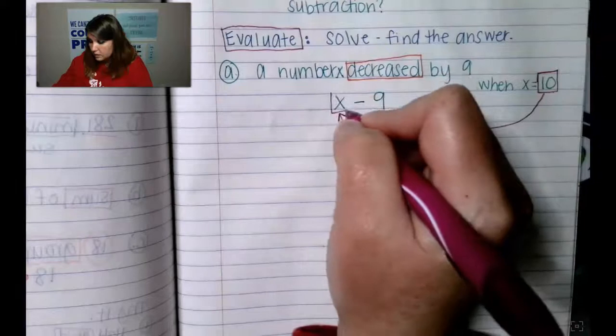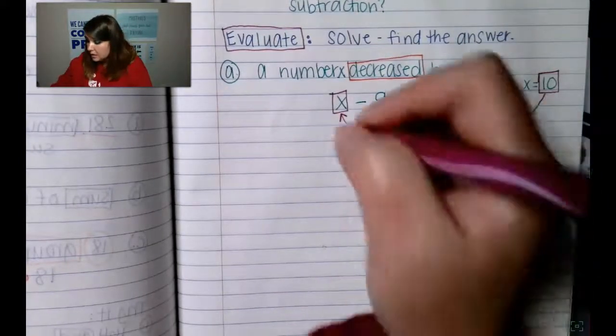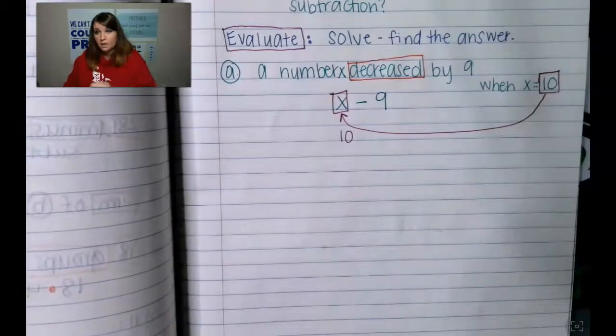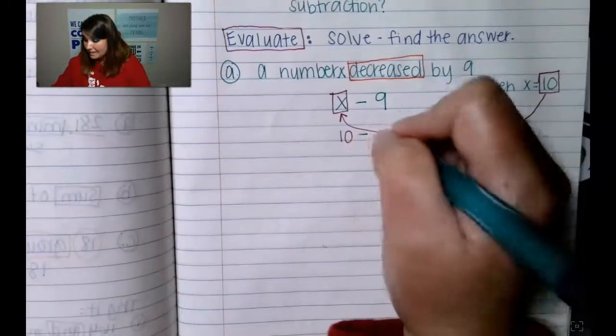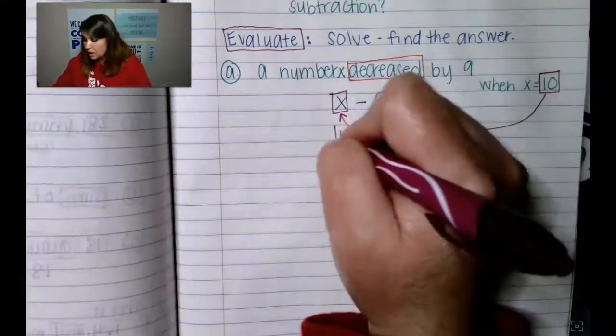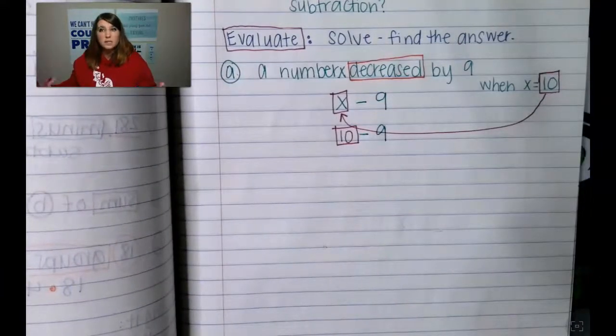We know that x is 10, so this really says 10 minus 9. Remember that x is just a placeholder. You could use a box, a question mark, something.